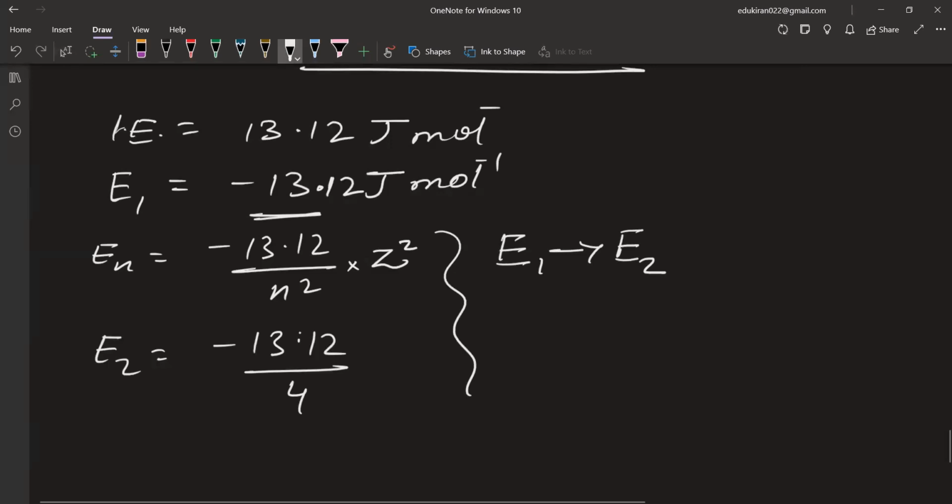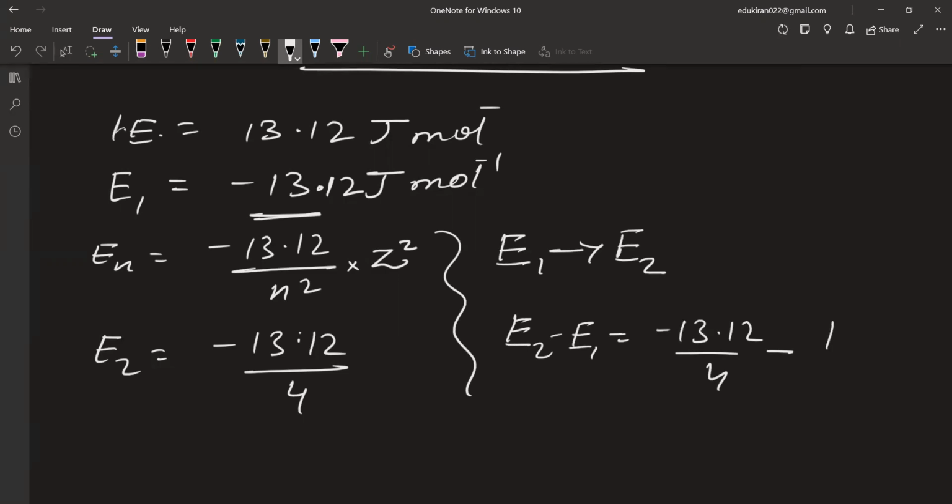When you have to spend some energy, you just do final minus initial. That will be equal to minus 13.12 divided by 4 minus this energy, that will be equal to 13.12 जो आपका फर्स्ट के लिए. Calculate this and tell me what is the answer.